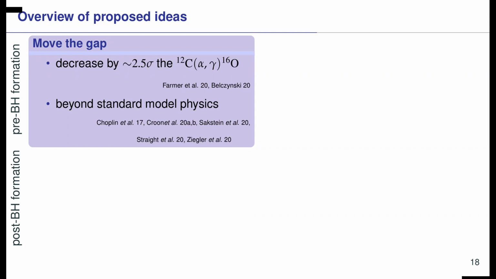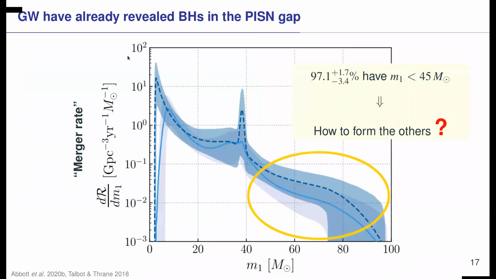However, I would personally argue that this is not a very good solution, because if you change that nuclear reaction rate by 2.5 sigma, you're likely to break other observational constraints like the composition of carbon-oxygen white dwarfs, the lifetime of core helium burning stars, and probably you would also shift this peak towards higher masses.